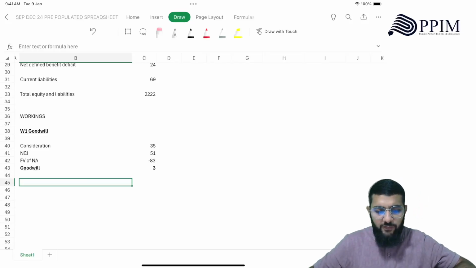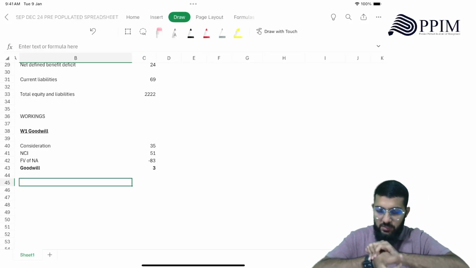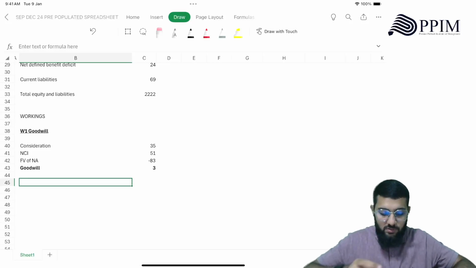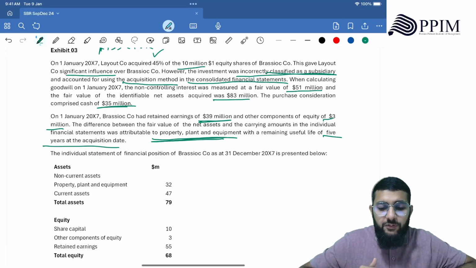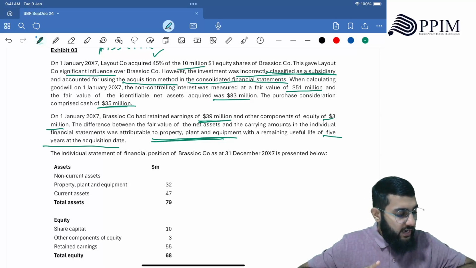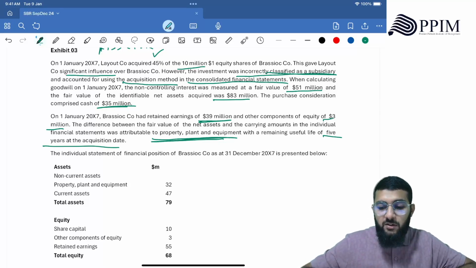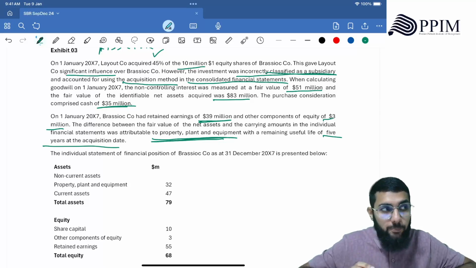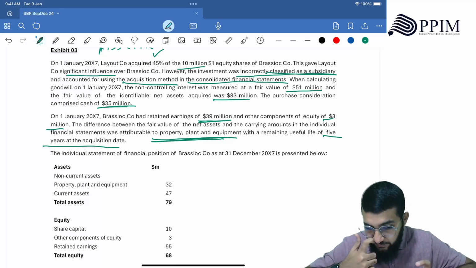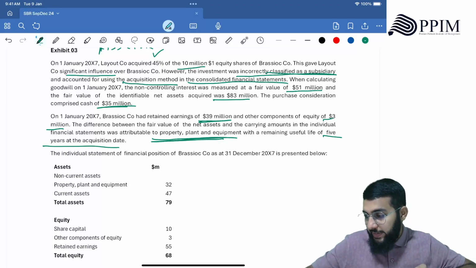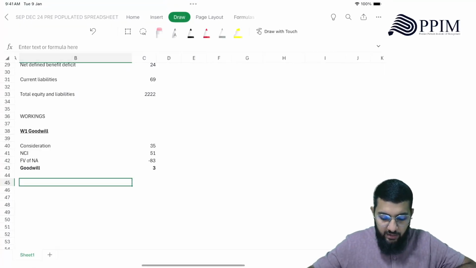Then we have the fair value uplift, fair value adjustment. If you read further, we can see the difference between fair value of net assets and the carrying amount in the individual financial statement is attributable to property, plant and equipment with a remaining useful life of 5 years at the acquisition date. Right.